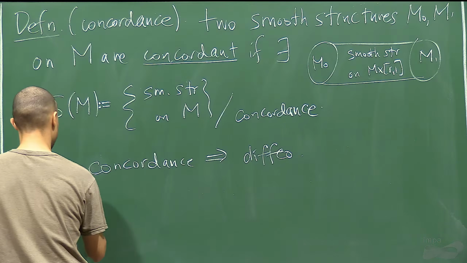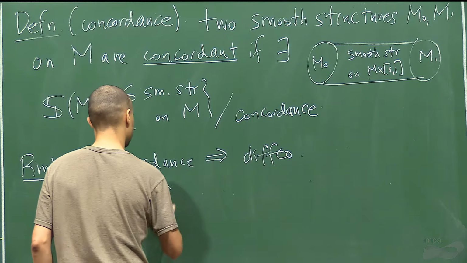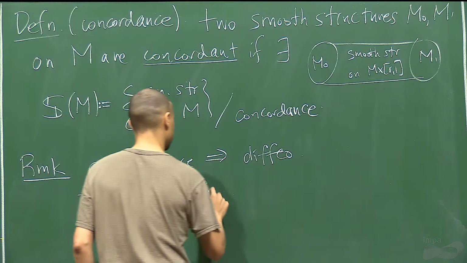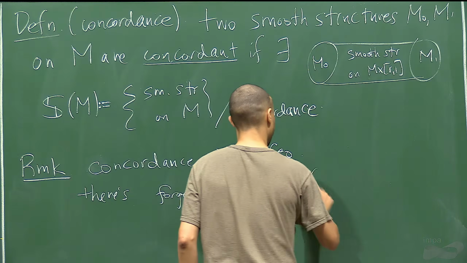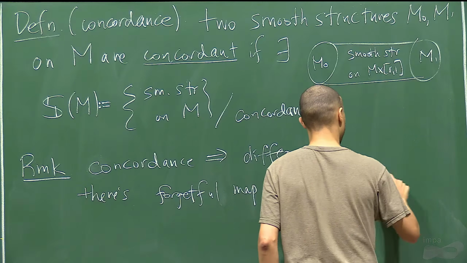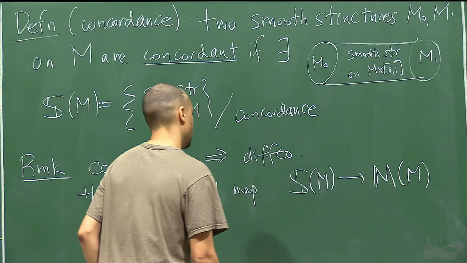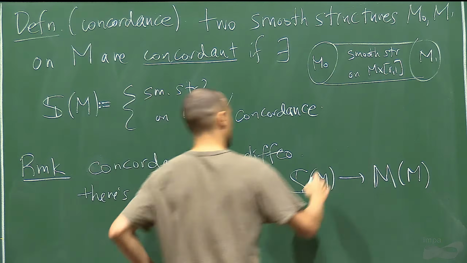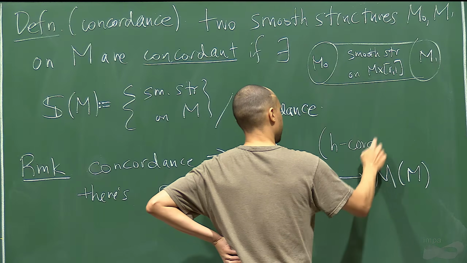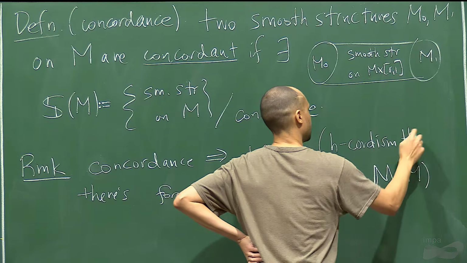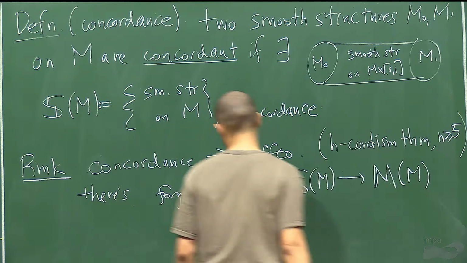So there's a surjection, a forgetful map from S of M to M of M. This fact follows from the H-cobordism theorem, so it holds in dimensions at least 5.